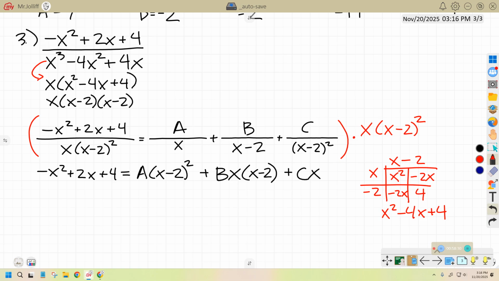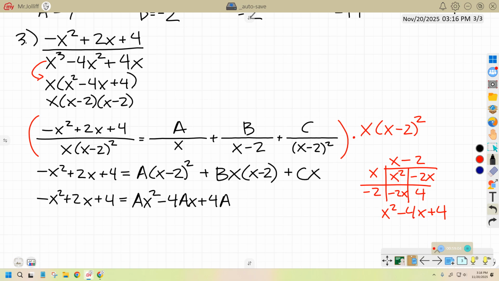So I'm multiplying A by x squared minus 4x plus 4. That's what's getting distributed through. So minus x squared plus 2x plus 4 equals that quadratic times A. So Ax squared minus 4Ax plus 4A.